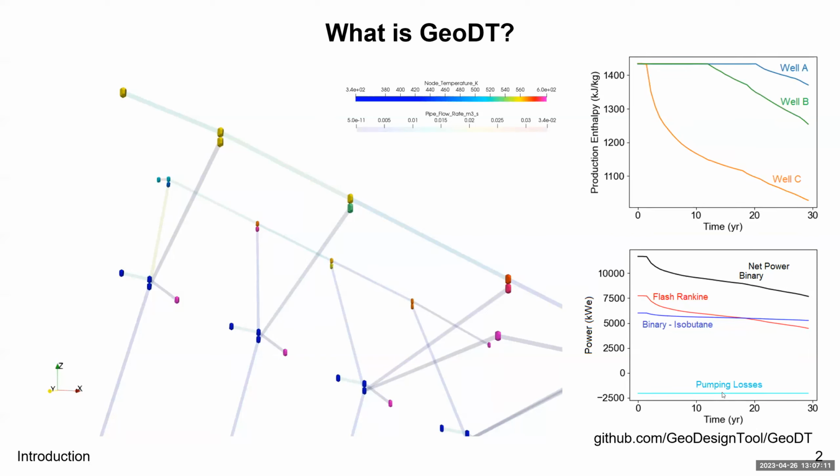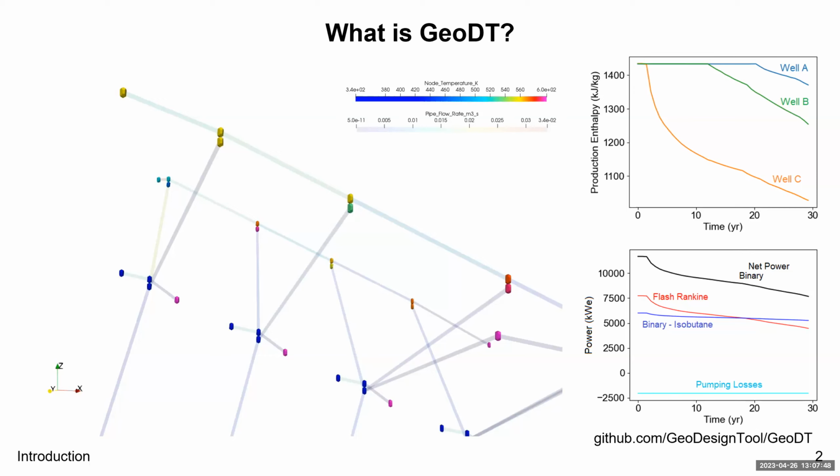So that's the energy that's being required to move fluid through the system, so that would be detrimental to the power production of that system. In blue, you can see the binary power production. So this would be an organic Rankine cycle, in this case using isobutane as the working fluid. In red, you can see the power produced by a single flash Rankine. And then when you combine these two together, along with the pumping losses, you can predict an estimate of the net produced power from this EGS system.